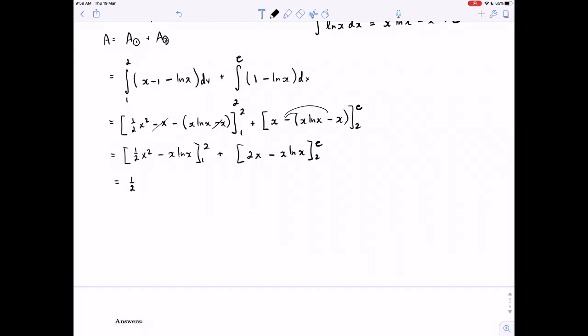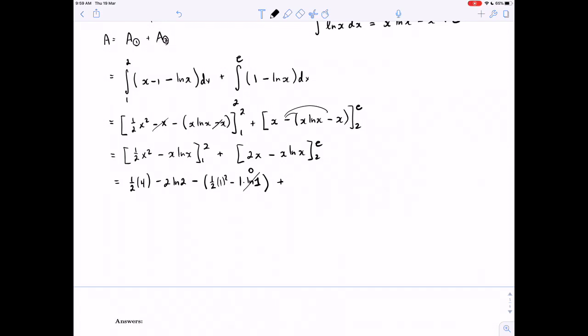First integral then, so 1/2 of 2 squared is 2, minus 2 ln 2, evaluating at the top, minus the bottom, so the bottom is 1/2 of 1 squared, so that's just 1/2, minus 1 times ln of 1. Ln of 1 is a nice value. It is what we used above. It is 0, so that term is going to go away.